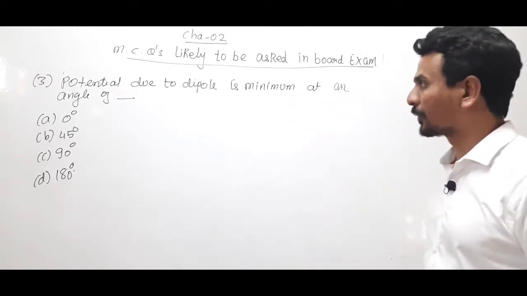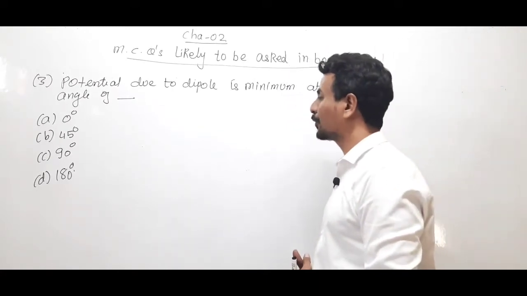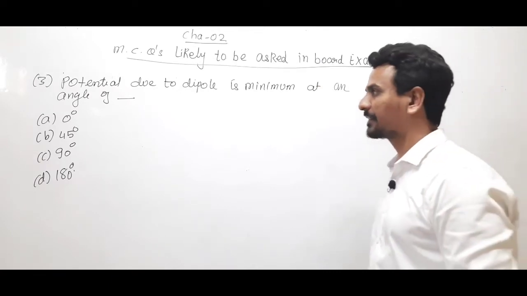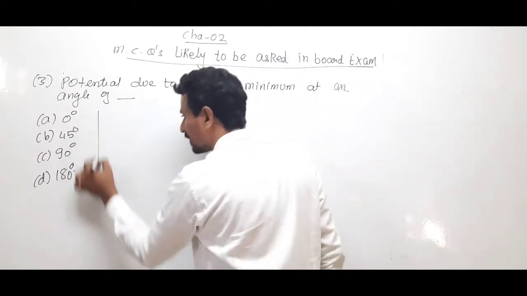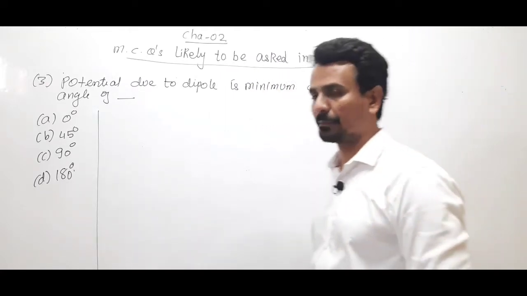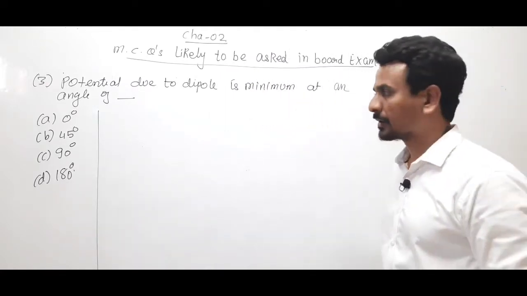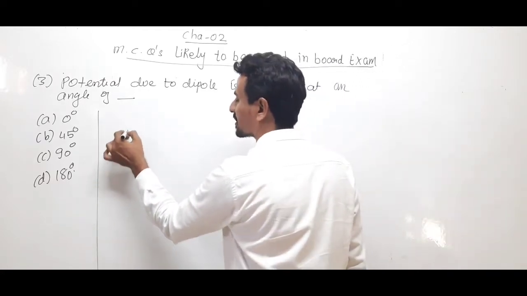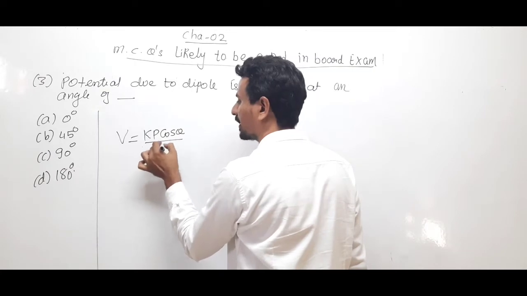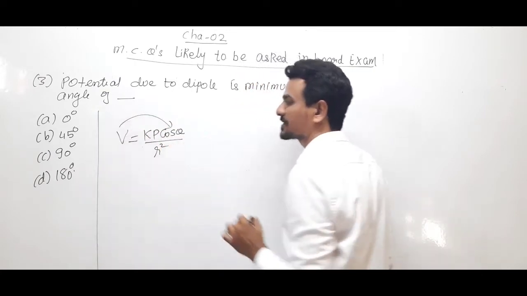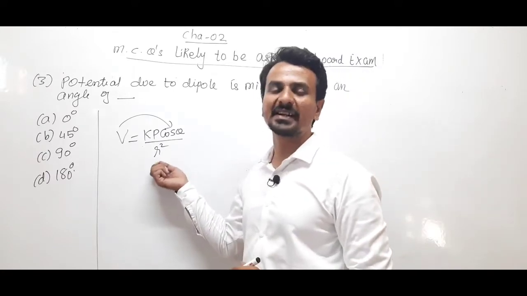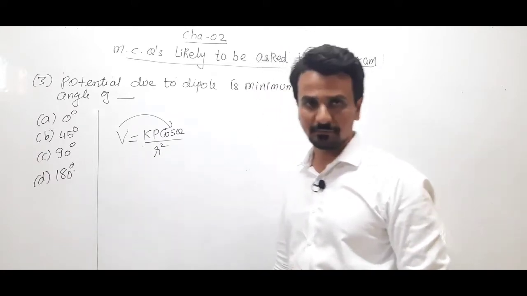Third one, potential due to dipole is minimum at an angle of dash. That means what should be the angle for potential to be minimum because of a dipole? So we know that potential due to dipole is kp cos theta by r square. That means potential depends on cos theta. So when cos theta is minimum, potential will be minimum.